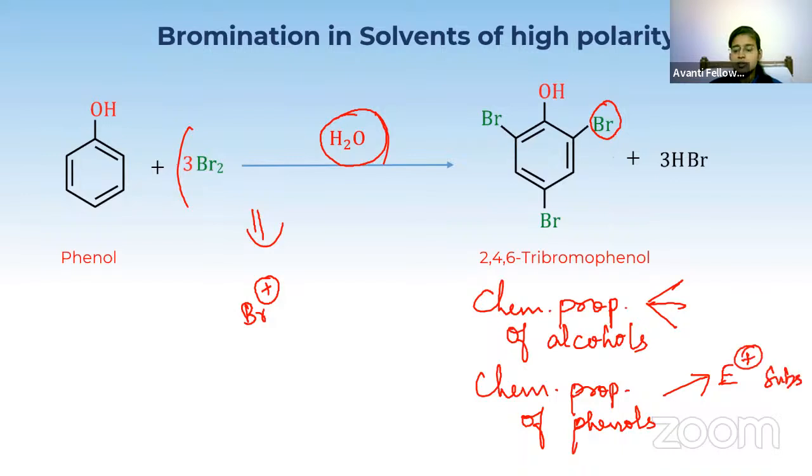Under this topic, we discussed nitration and halogenation. We are left with 2 more reactions: one is Kolbe's reaction and the other is the Reimer-Tiemann reaction. We will cover that in the next class.